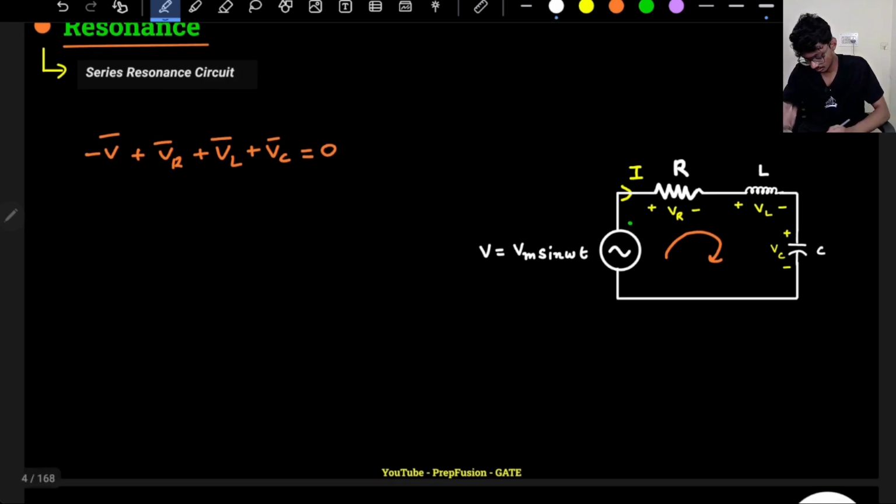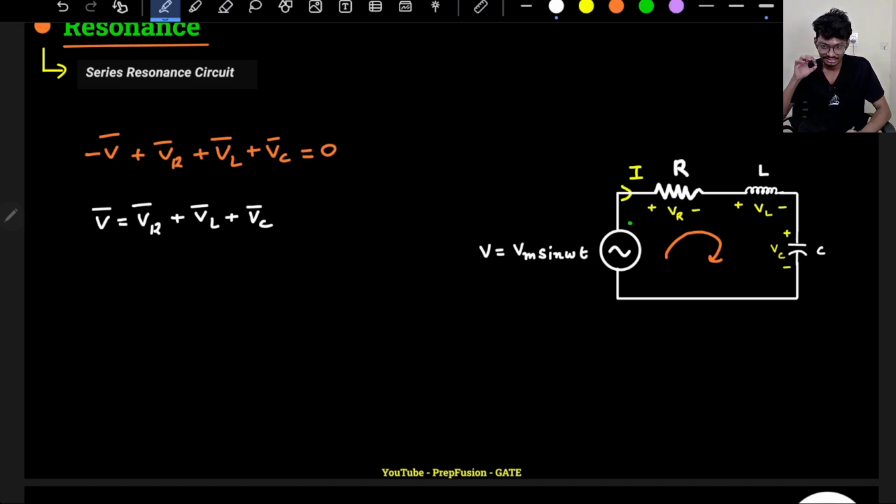So this will be V equals VR plus VL plus VC. This is my input voltage basically.